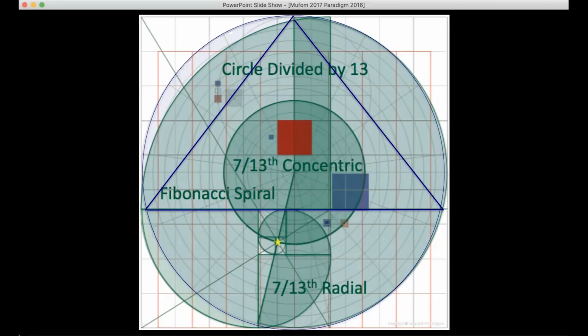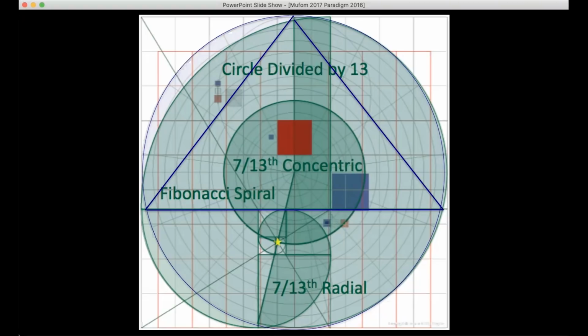So that's what we're looking at, is how geometrically the spiral works with the number 13 and 7/13 of a division. So 13, the proportions of a circle divided by 13, beautifully demonstrate a Fibonacci or phi division of this golden rectangle.